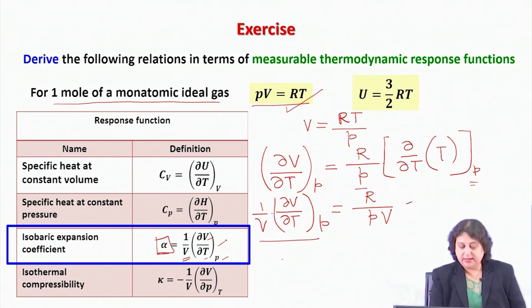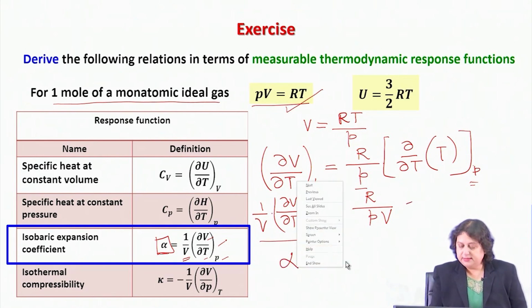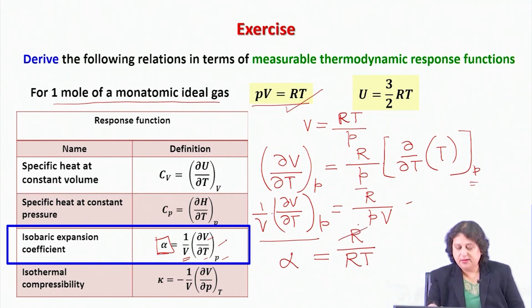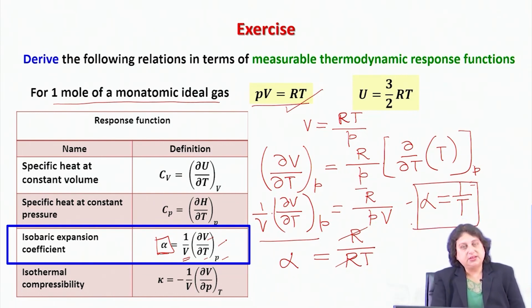So, this quantity is alpha, and this is equal to R divided by RT. So what is the final expression of alpha? I cancel R from the numerator as well as from the denominator, and what I have is alpha is equal to 1 by T. Now what does this expression tell me?